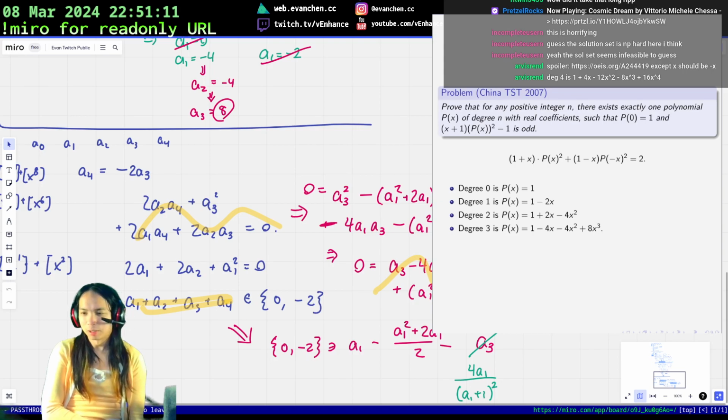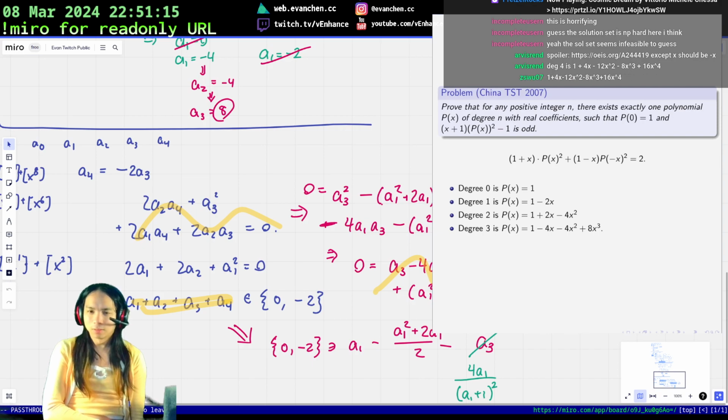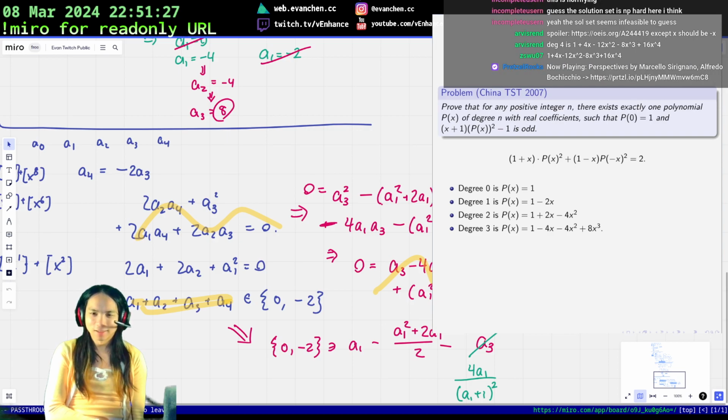Yeah, I definitely made a calculation mistake somewhere. This doesn't look right. What did I mess up? Oh, well, okay, thank you for just giving me the polynomial. Which equation is screwed? Someone wanted to debug for me?